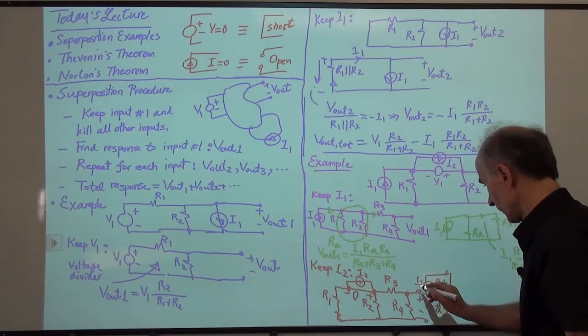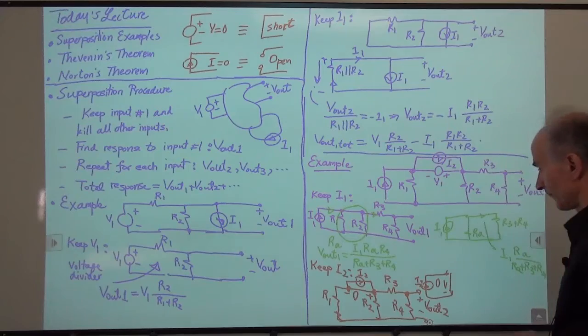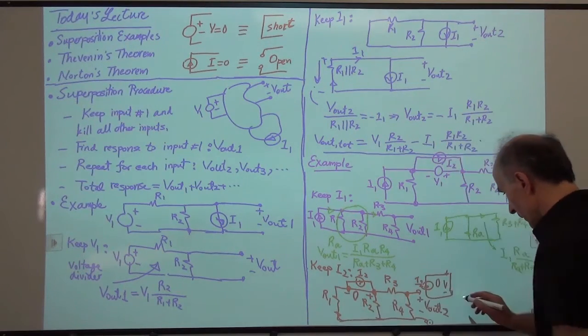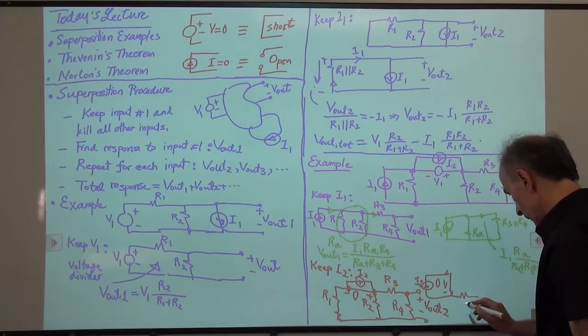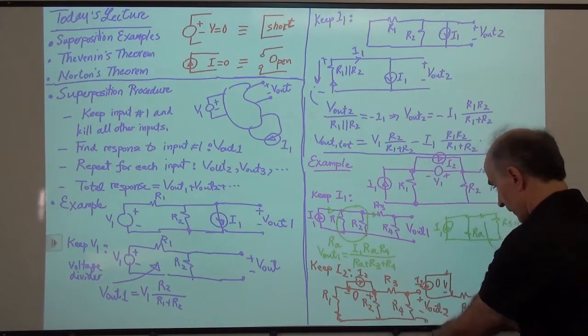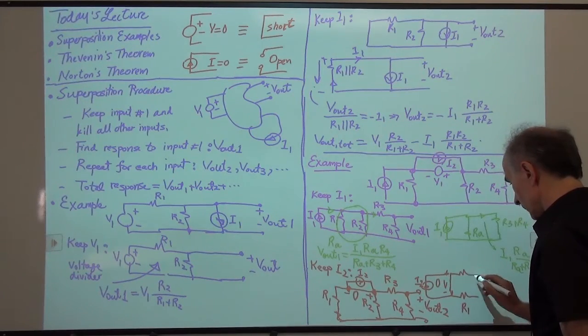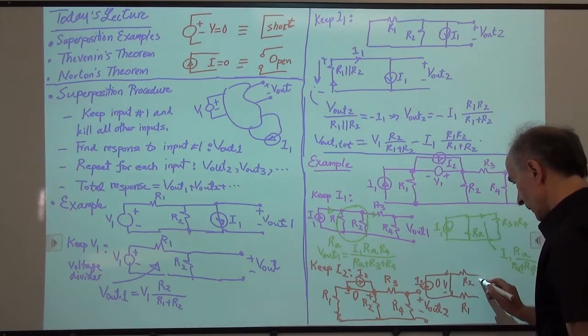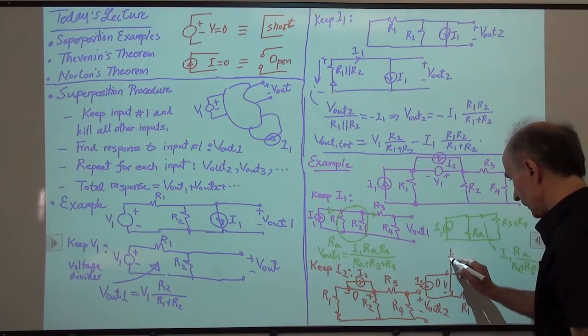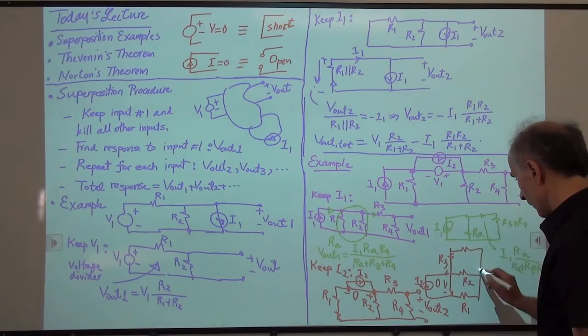Approximately, I'm turning the circuit around by 90 degrees. Okay. All right. And then I have R1. R1 is here. Then I have all of this here, right? So I have R2. These are connected. Then I have R3. And then I have R4.